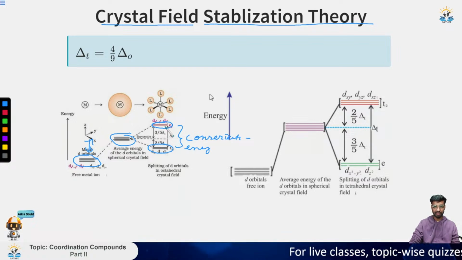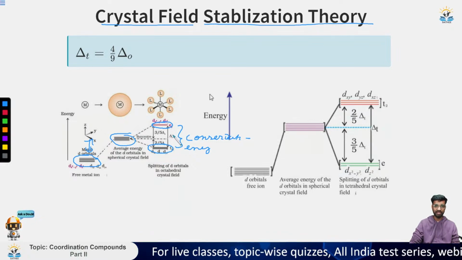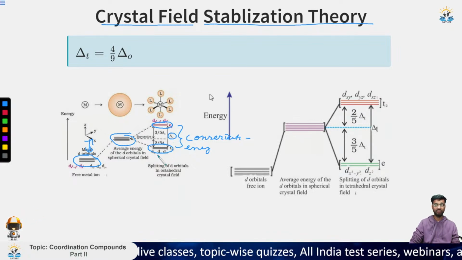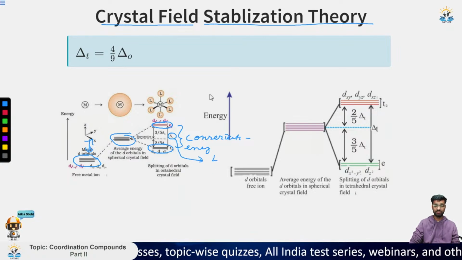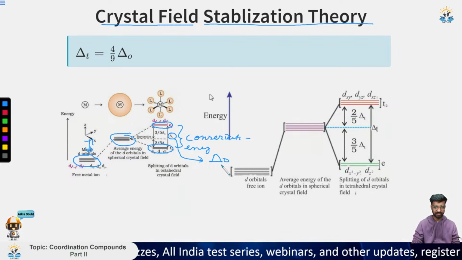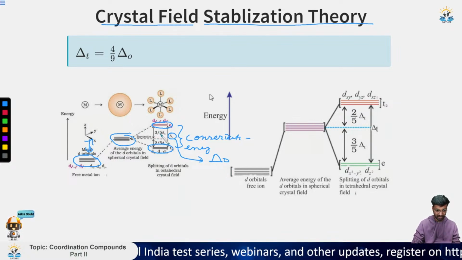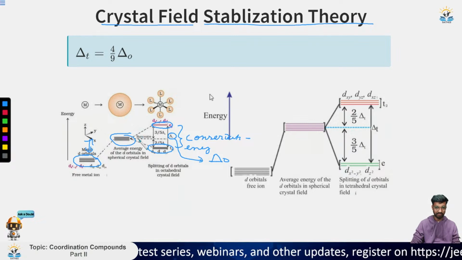Overall, the energy gap between the dx square minus y square and dz square orbitals and the dxy, dxz and dyz orbitals is delta naught. This energy is called the CFSE, delta naught, and this level is called the barycenter.